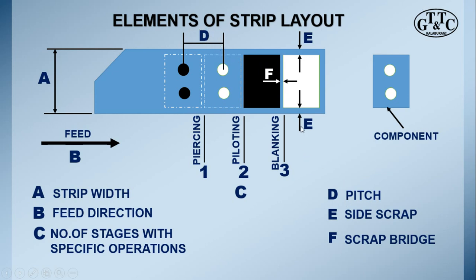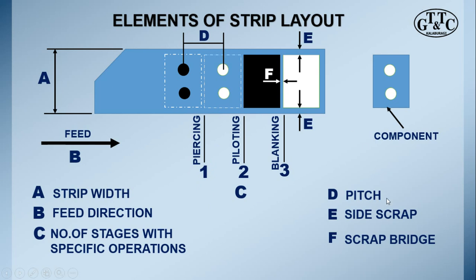And then in E we see the side scrap. These are important as they become the carrier of the strip during the progressive cutting or non-cutting operations. So on both sides we see the side scrap, and in some designs, some designers call the operator side the front scrap and the other the back scrap.